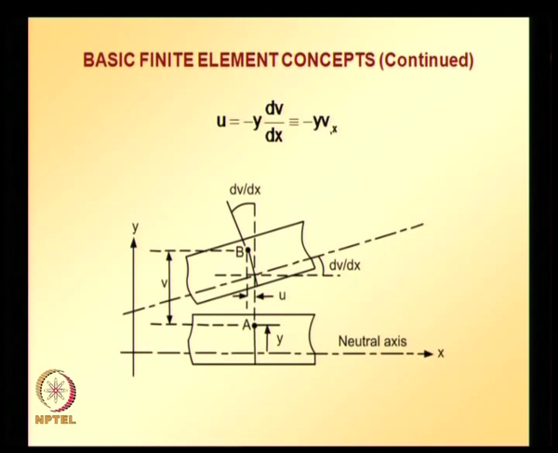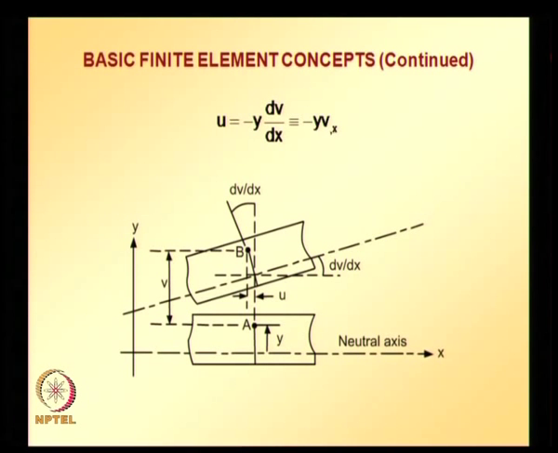If you look at the figure, a point A located at a distance y from the neutral axis is displaced to point B. Initially the vertical plane section has rotated through an angle equal to the first derivative of transverse displacement with respect to x. So, it is rotated by an angle theta equal to dV over dx.